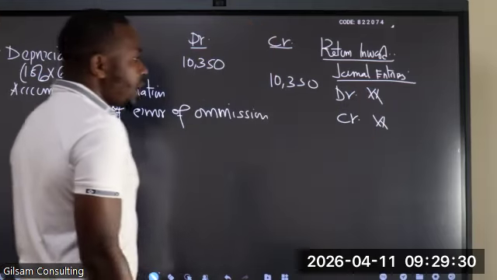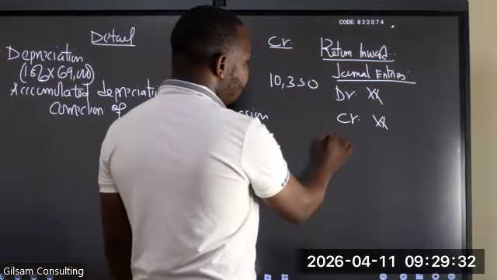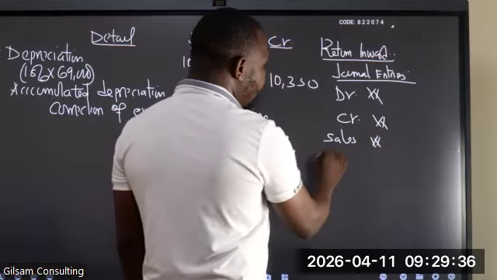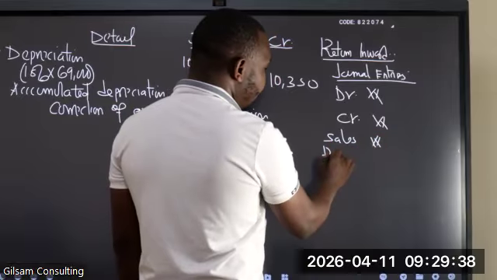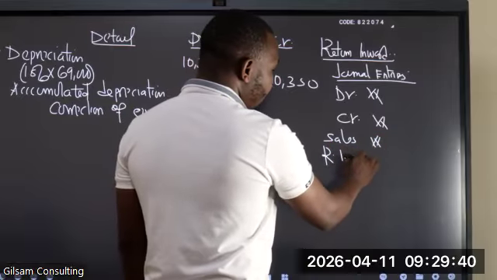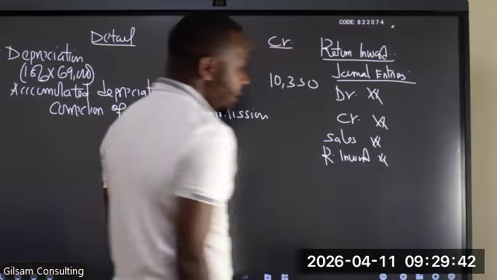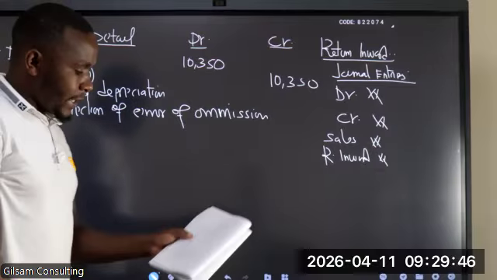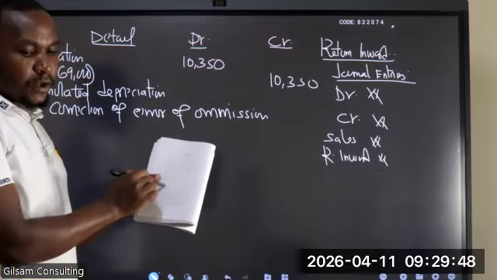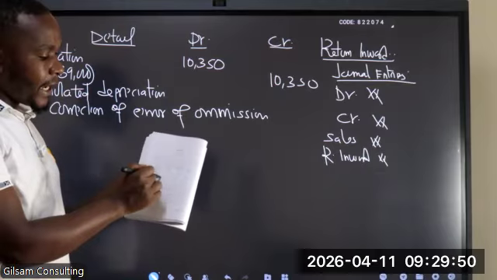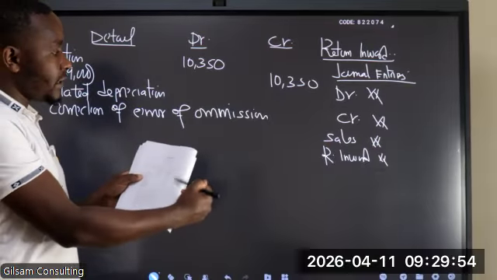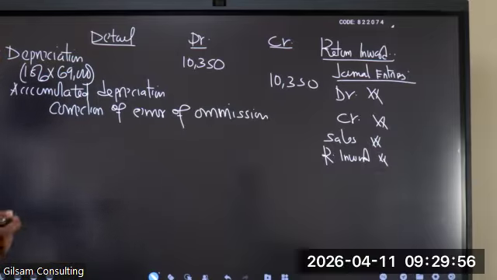You debit. So in short, we debit the sales account. Then we credit the return inward. Even if you go back to your previous questions and check the return inwards in your trial balance, you realize it is on the credit side of the trial balance.